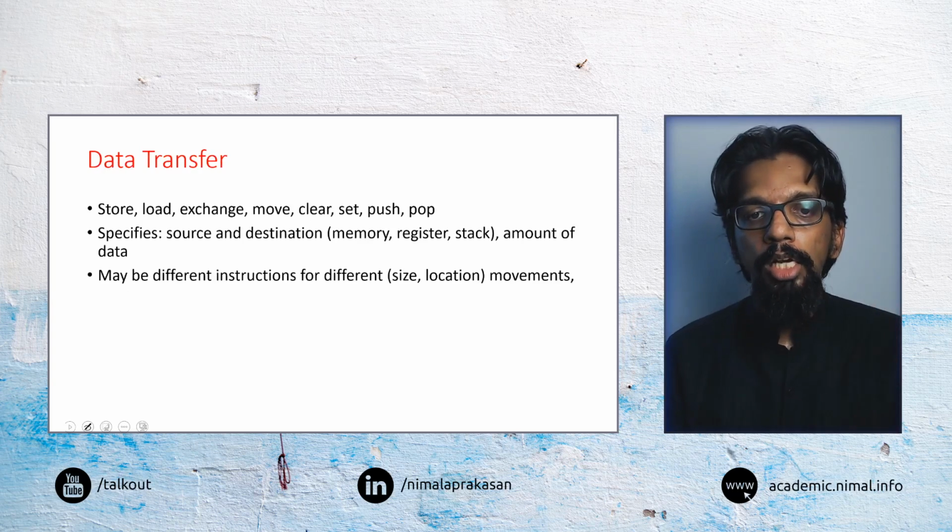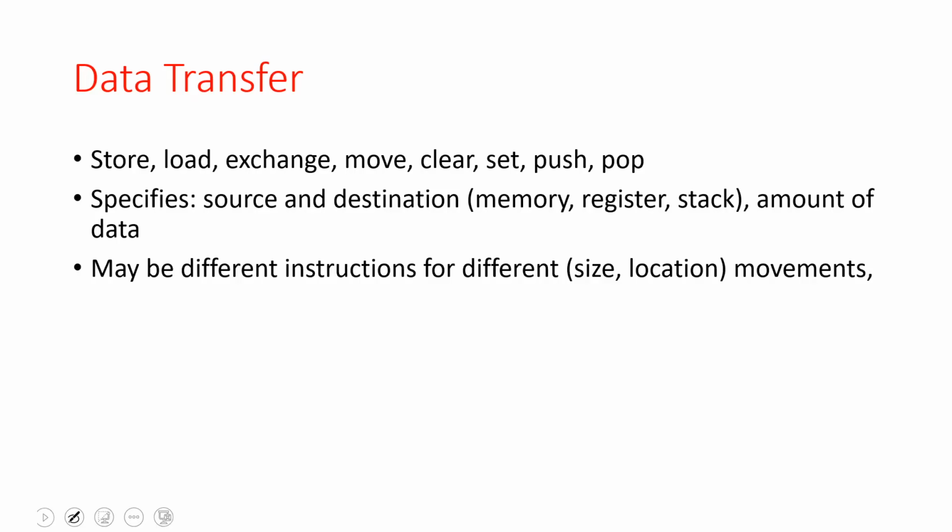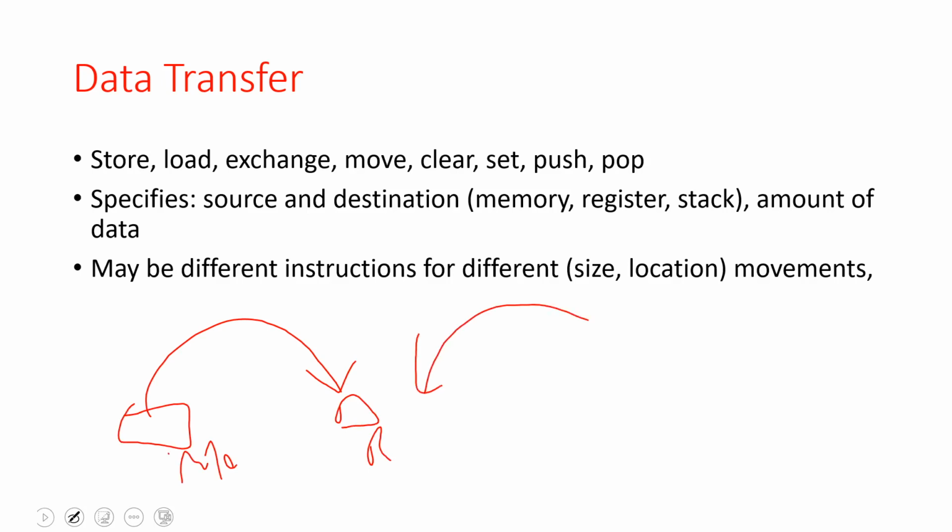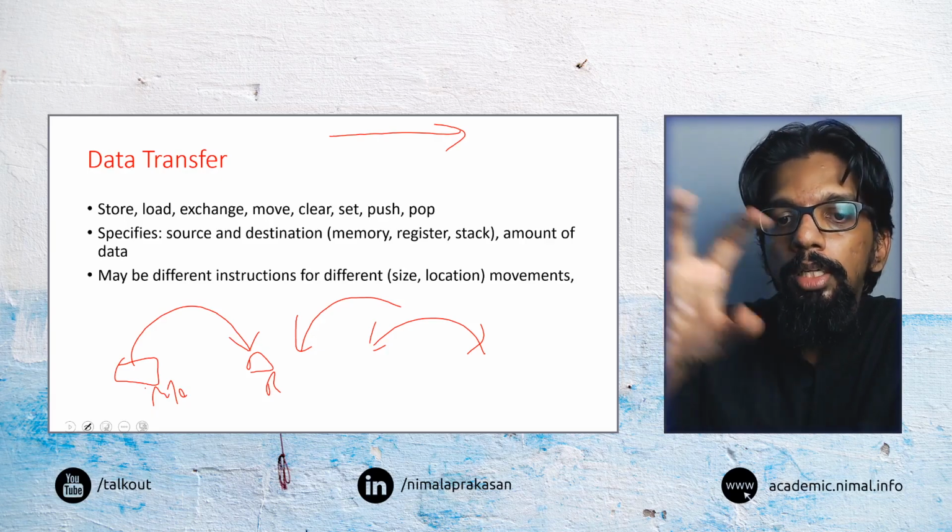Data transfer instructions are instructions that are about transferring data before and after operations. For example, we want to store some data from a particular memory location into a register, from the memory to a register. Or we want to load something from somewhere, exchange data between two places, move data from one place to the other, or from one register to the other.